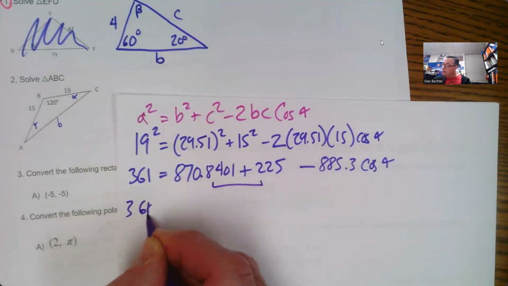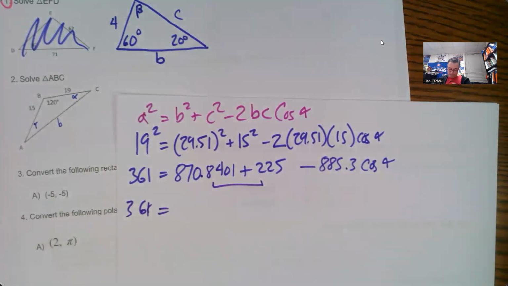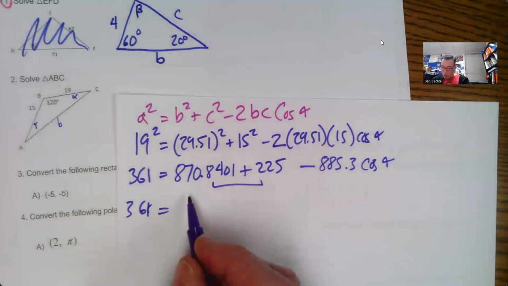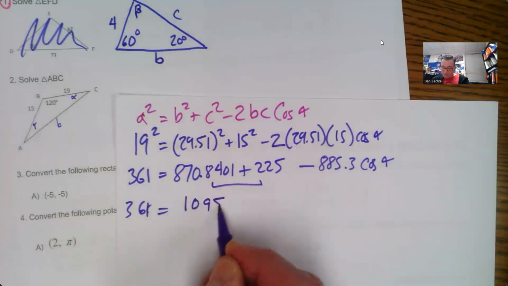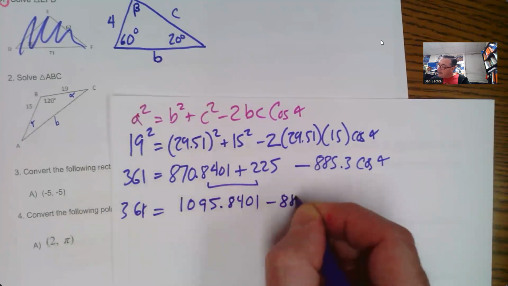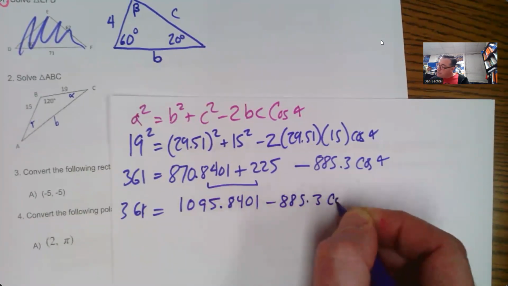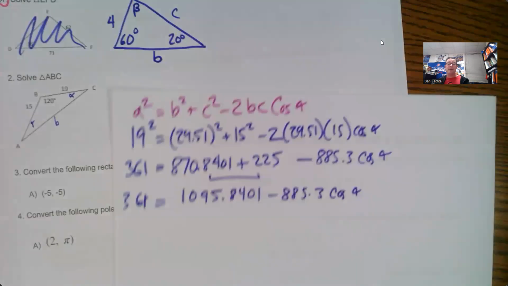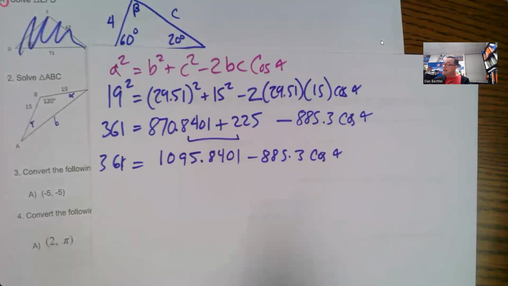So 361 is going to equal 1095.8401 minus 885.3 cosine alpha.